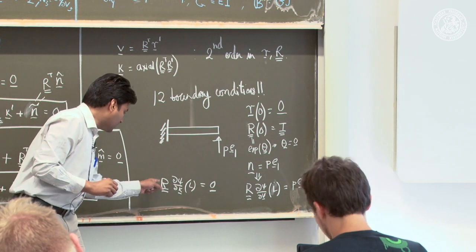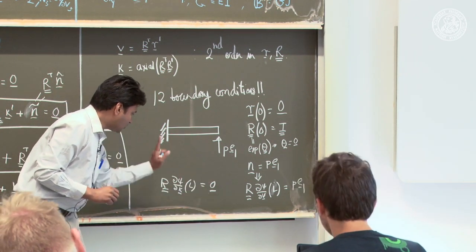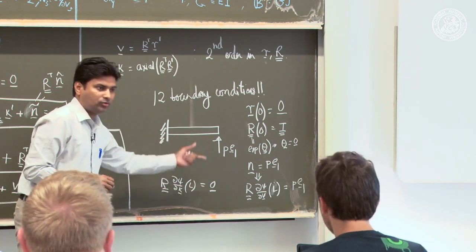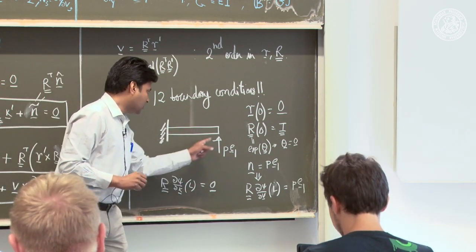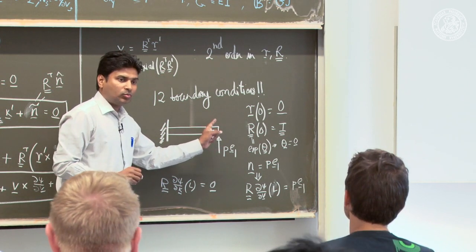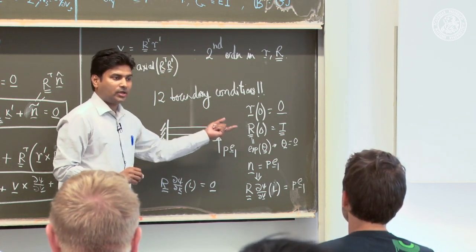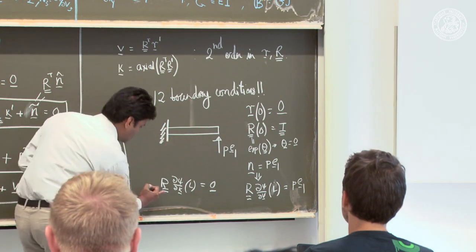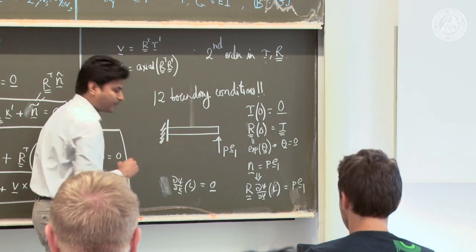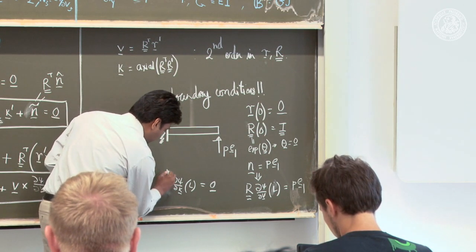Just multiply by big R transpose, this goes away, then del psi over del k at L is also equal to 0. That is because since the moment is 0 here, the moment is also 0 in the local frame of directors. Therefore, del psi by del k is also equal to 0. So, those are your 12 boundary conditions.